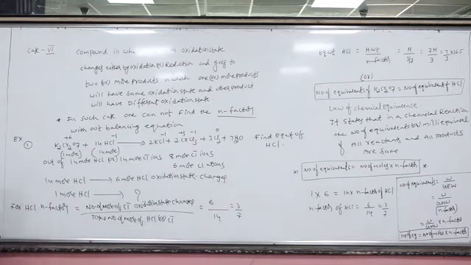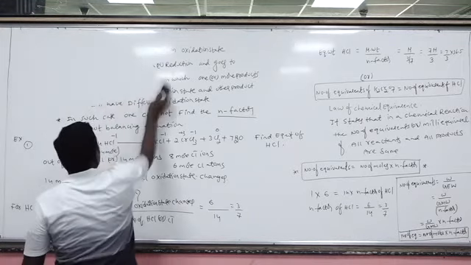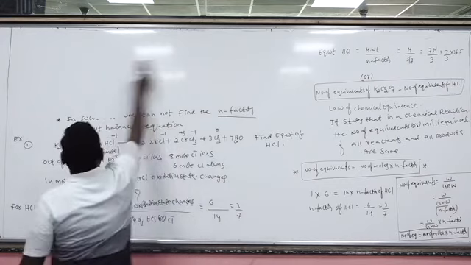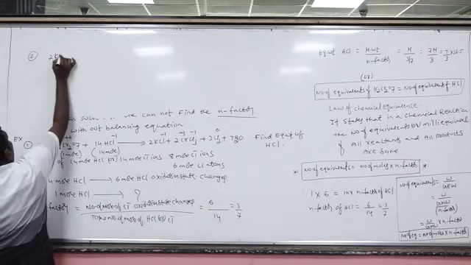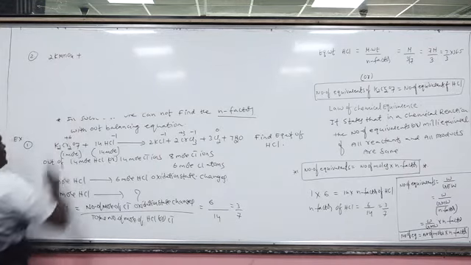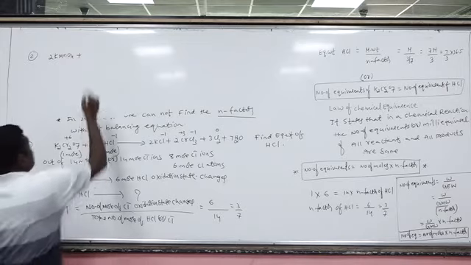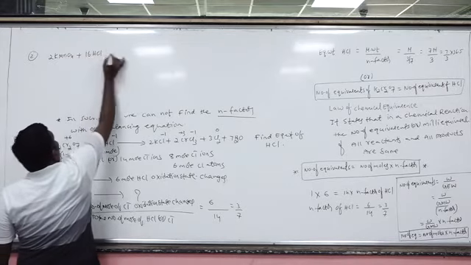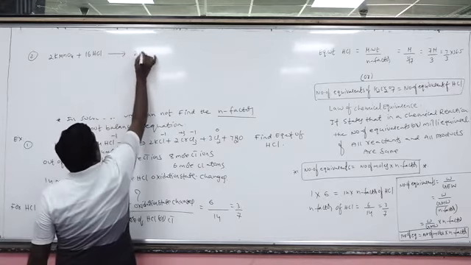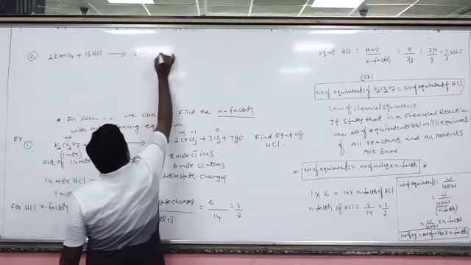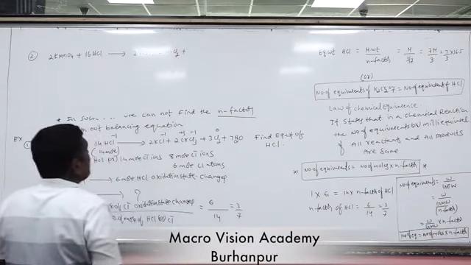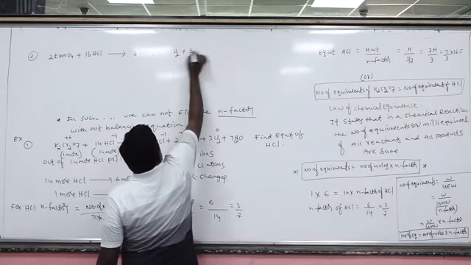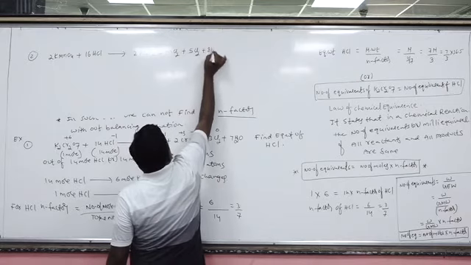So let's see a second example. I am writing one more example here. 2 KMnO4 plus 16 HCl to give 2 KCl plus 2 MnCl2 plus 5 Cl2 plus 8 H2O.